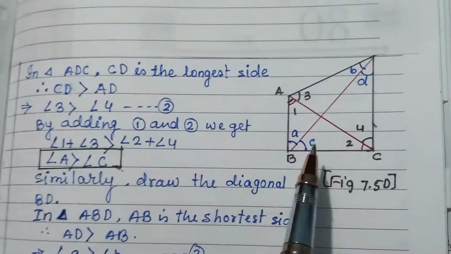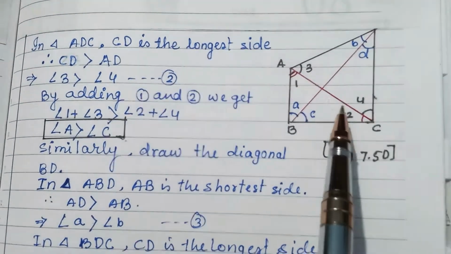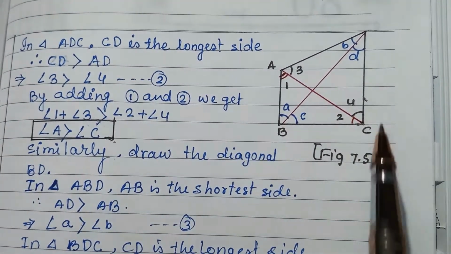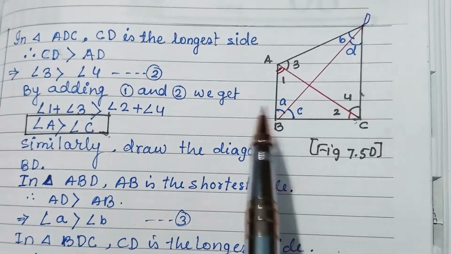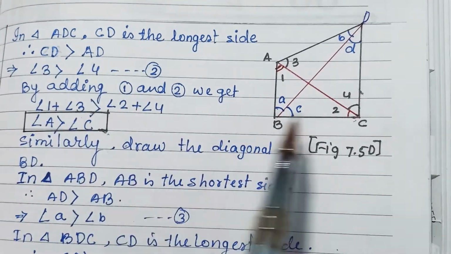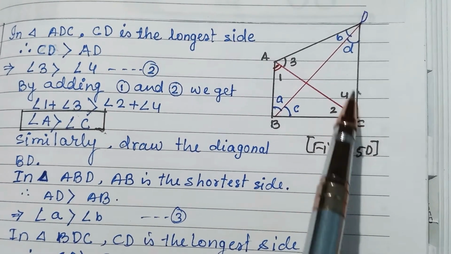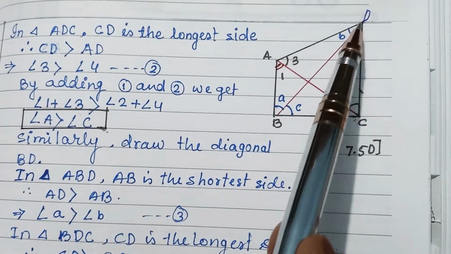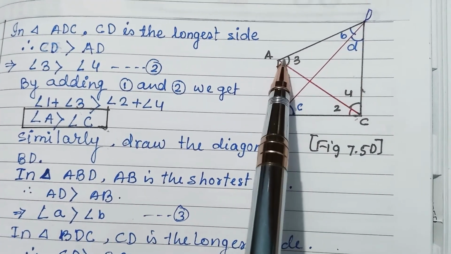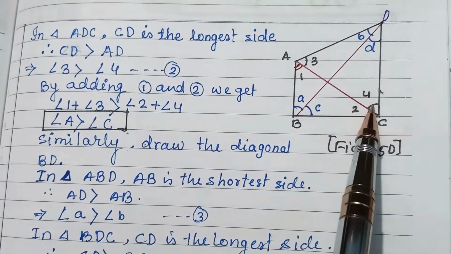Next, take triangle ADC. In this triangle, CD is greater than AD. CD is the longest side, as given. So its opposite angle 3 is greater than its opposite angle 4.